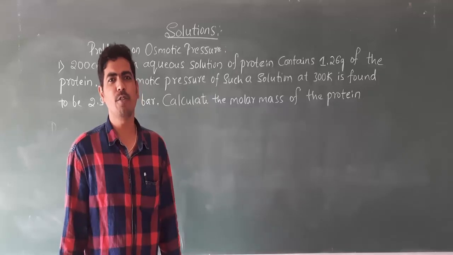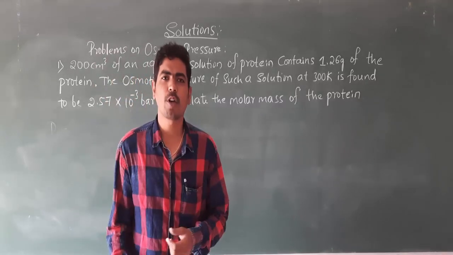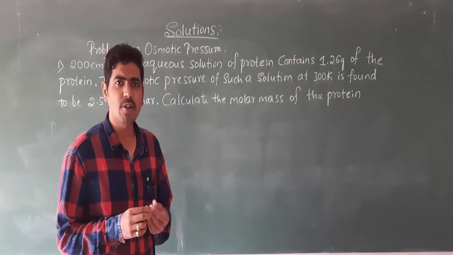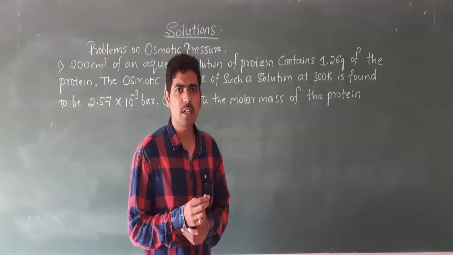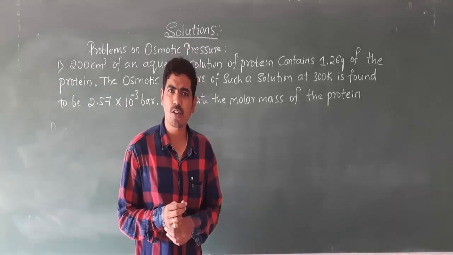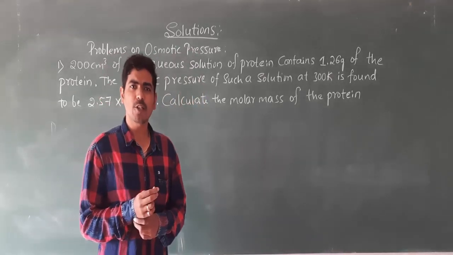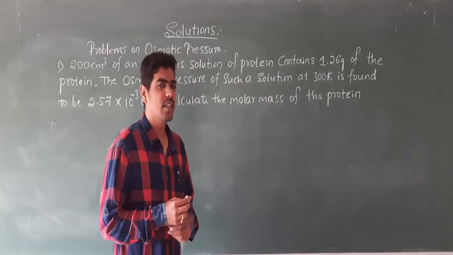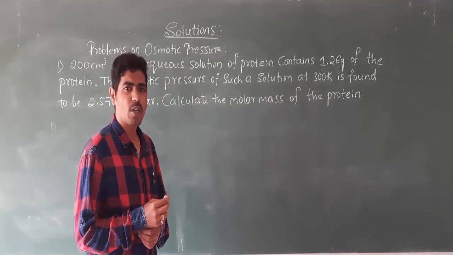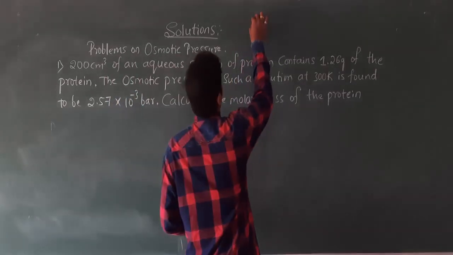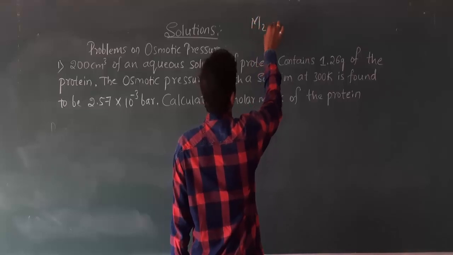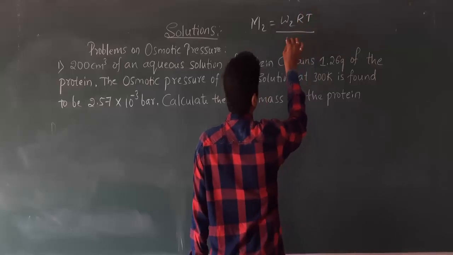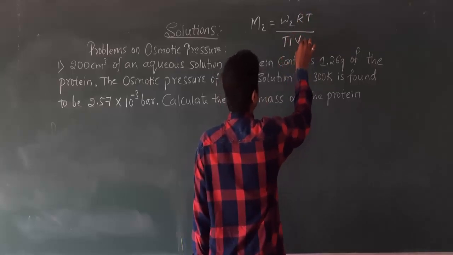So in the previous video we studied osmotic pressure, what osmosis means, and derived the formula for osmotic pressure. Using that formula we can calculate the molar mass of the solute, and the formula is M2 = W2RT divided by πV.